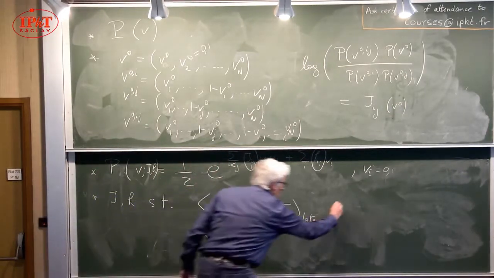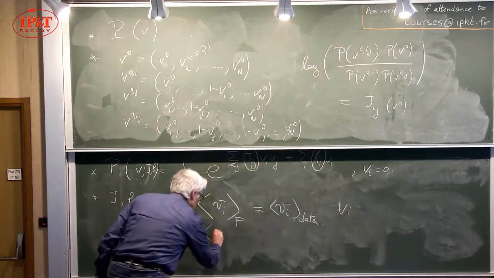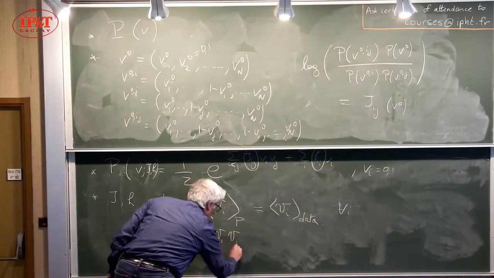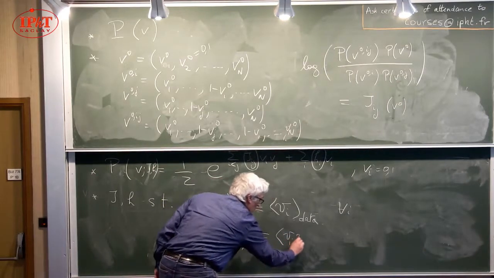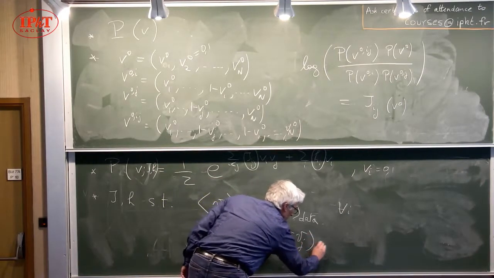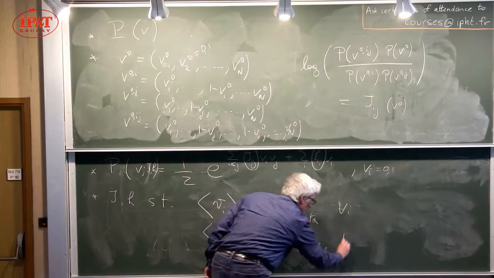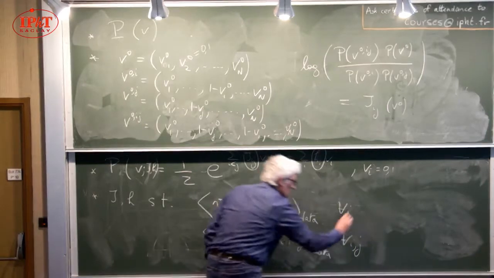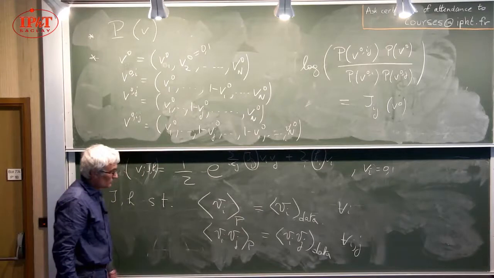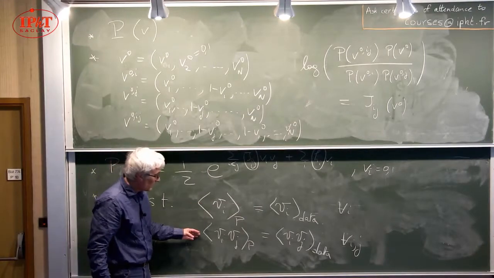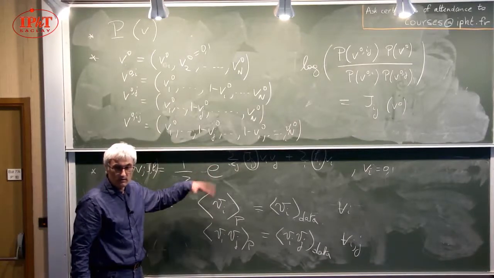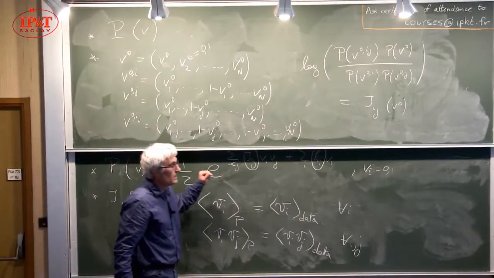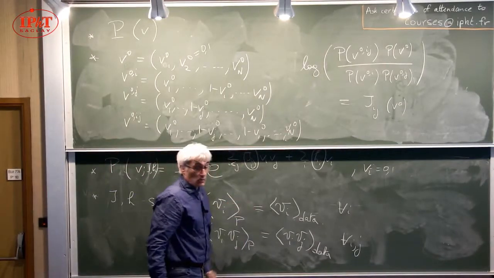And this should be true for all i's. And the same thing should be true also for lower order statistics, for the second moment, for all pairs ViVj. So the number of equations I want to solve is n plus n times n minus 1 over 2, which is the same number as the number of parameters. I'll talk about the existence of solution in a while. But essentially, this is the problem.